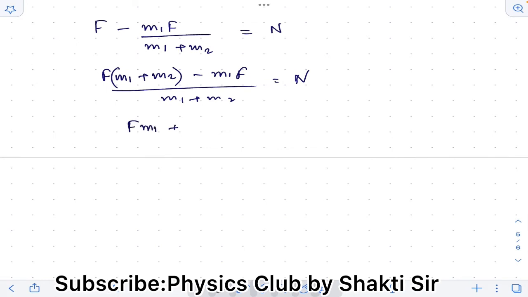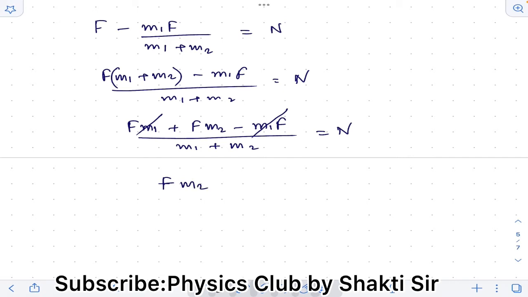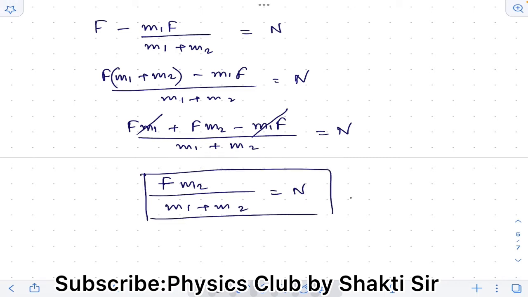F m1 plus F m2 minus m1 F, divided by m1 plus m2, equals the normal reaction. So here these terms cancel out. So F m2 divided by m1 plus m2 equals the normal reaction. So again we get the same result from the free body diagram of m1. So this is our required result, that is the normal reaction between m1 and m2.